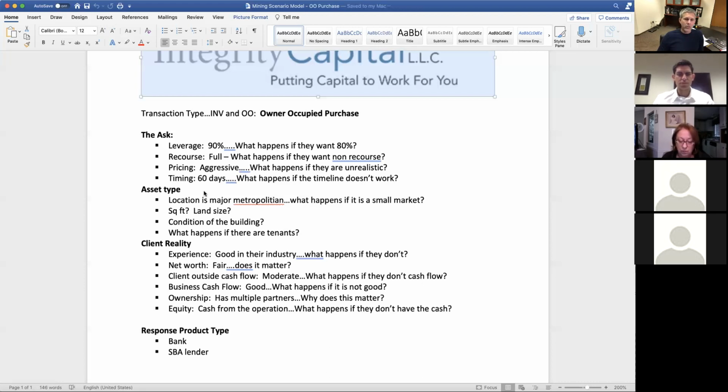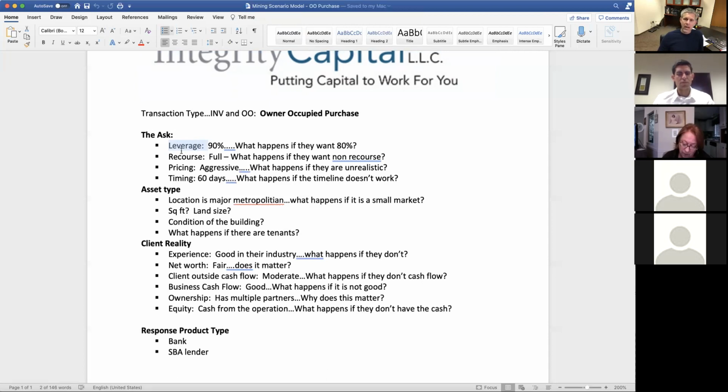And under the guise of the ask, the first thing they're going to ask for, or be interested in knowing, is this idea of leverage. How much can I get? What would be the max loan to value that I could ascertain on this particular loan?